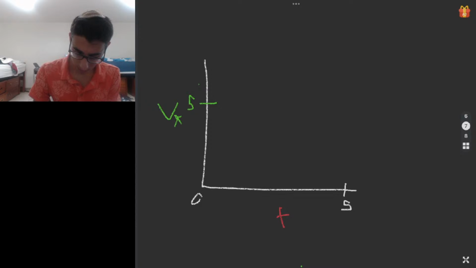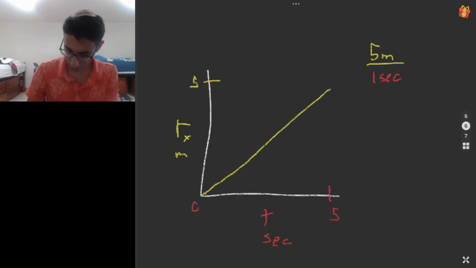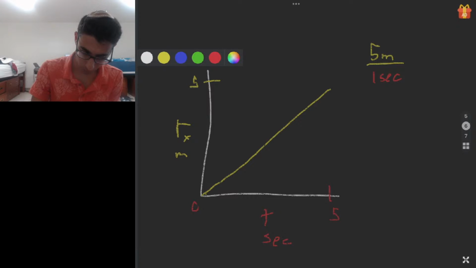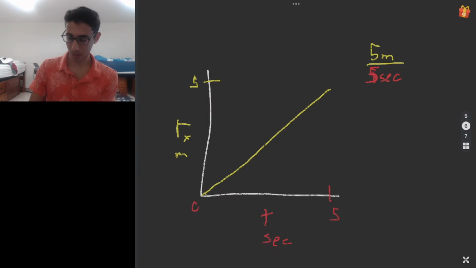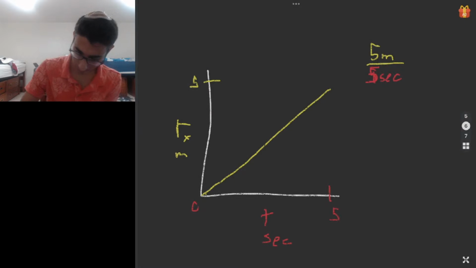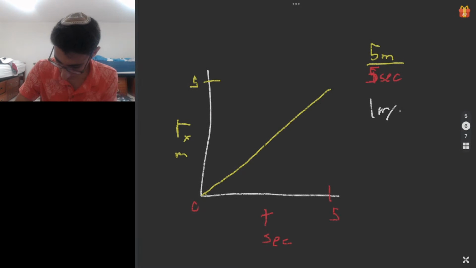Hold on, I'm wrong. We traveled 5 meters in 5 seconds, so we were going 1 meter per second. Not bad.